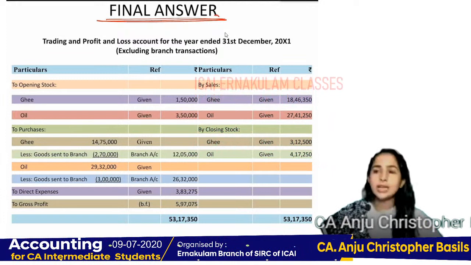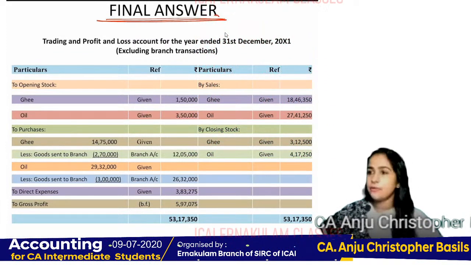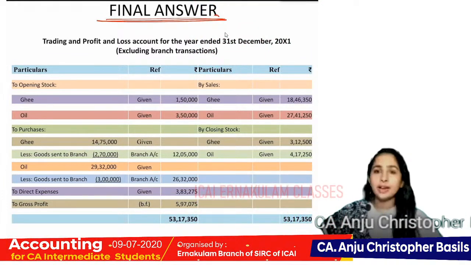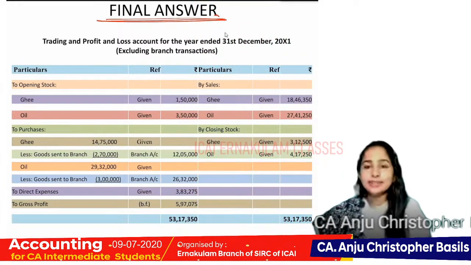Alright students, now I guess you can do it yourself, everybody. Just try computing it. Compute the final net profit. Everybody, start working on that.